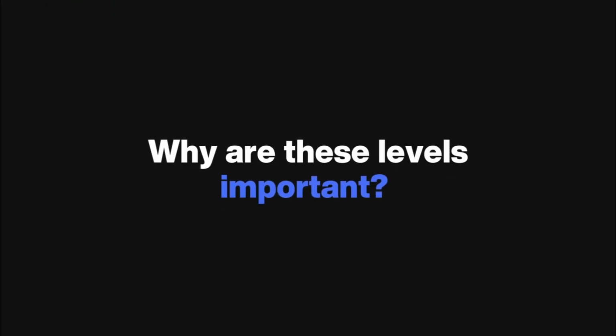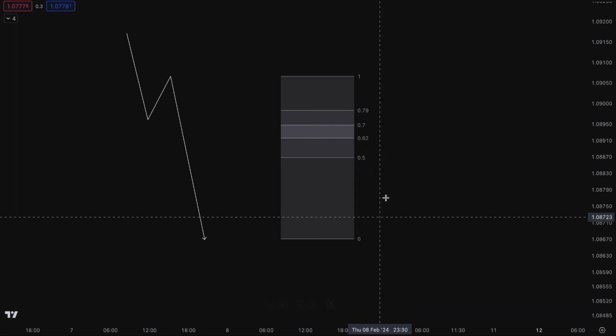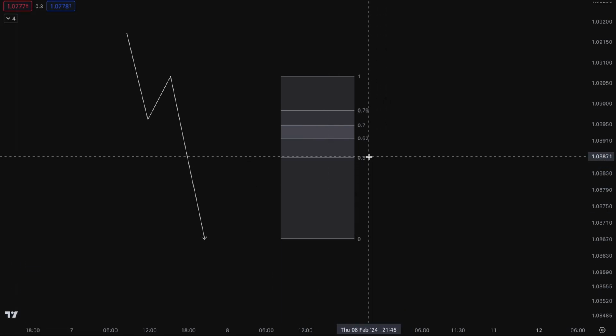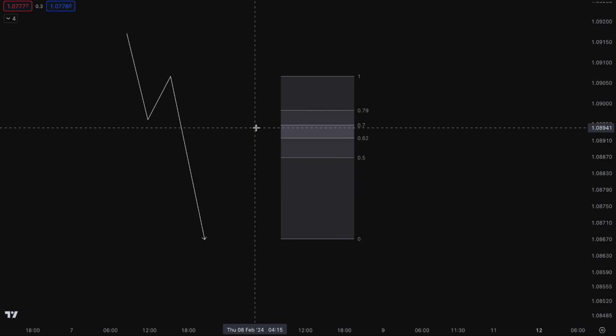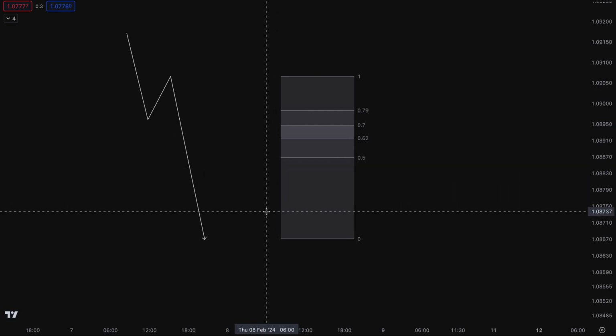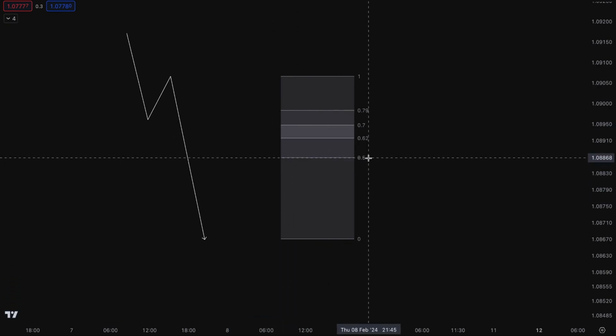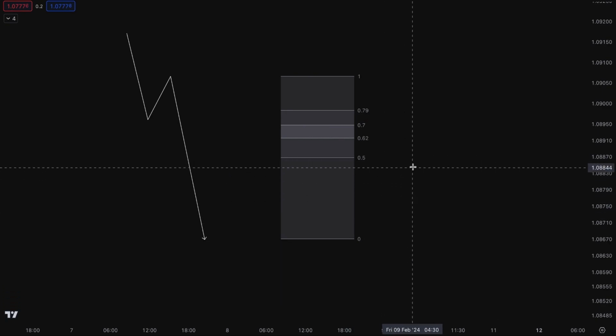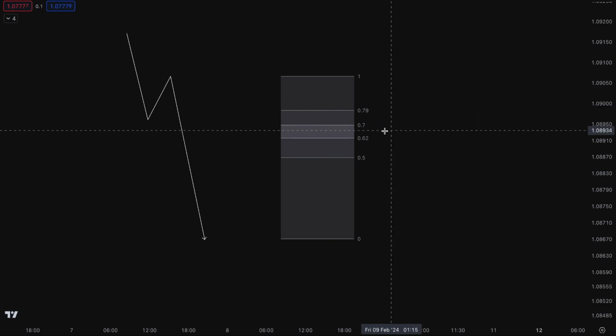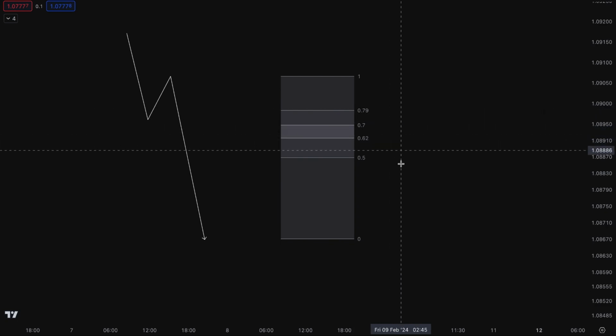Now, why are these levels important? You can see that the 0.5 level divides the price range into two separate parts. The one below the 0.5 level is called the discounted area, and the area above is considered the premium area.